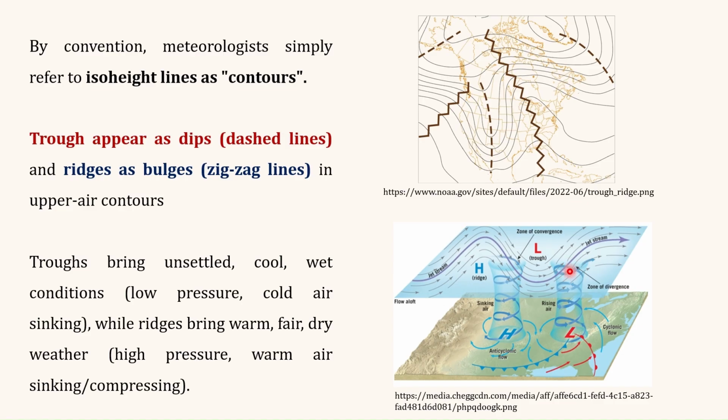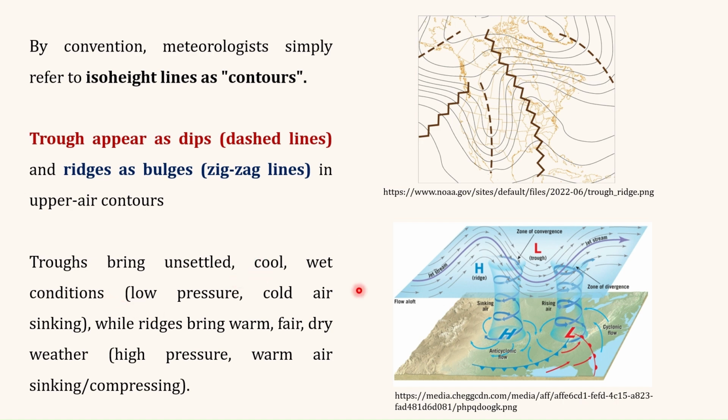So, up in the atmosphere, if we have a zone of divergence, it means on the ground we will have a region of low pressure, and because of the low pressure on the ground, the air mass will converge at this point and rise upward. And due to the rise of air mass at this location, there will be cloud formation and precipitation. Thus, here we have cool and wet conditions.